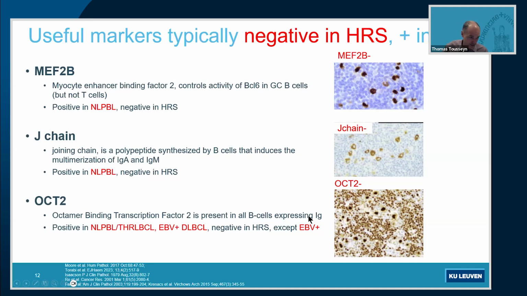However, and that's something that is under study, EBV positive Hodgkin lymphomas often have some more OCT2 expression. So in that case, it's not the best discriminator, but in other instances, for example, to discriminate from nodular LP, it is a very useful staining.